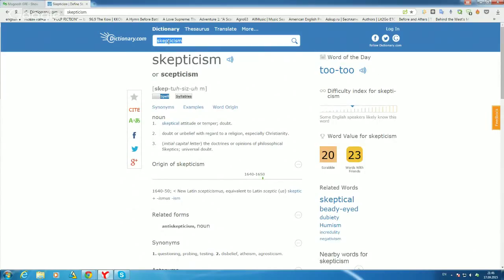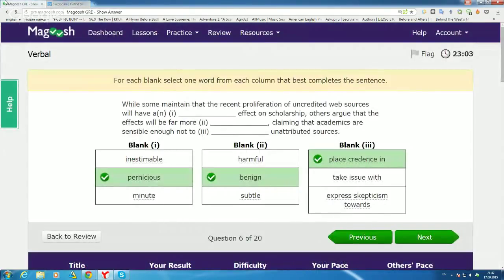That one word at the end of number one, doubt. You know what doubt is, right? Yes. Skepticism is doubt. Okay, to express doubt towards. Why doesn't this work?